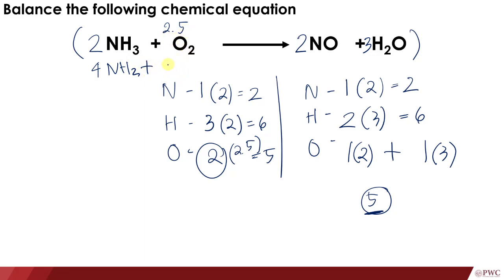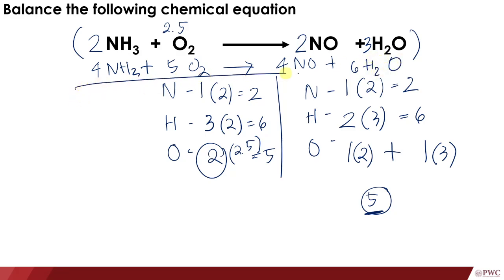That's equal to 5, right? 2.5 times 2 is equal to 5. O2. Then double 2. We have 4NO plus 6H2O. So this one is the preferable balanced equation for this one. So again, we just double everything here because we want to have a whole number in our chemical equation just to make everything simple.